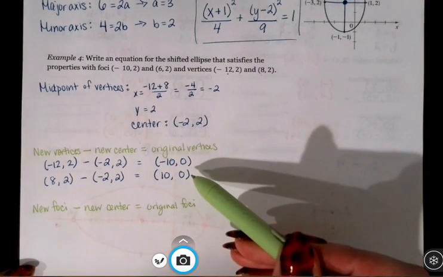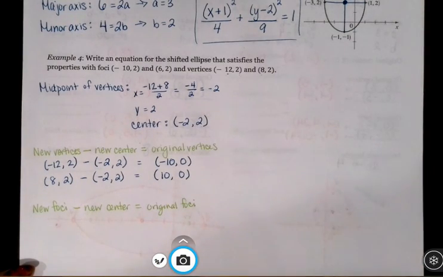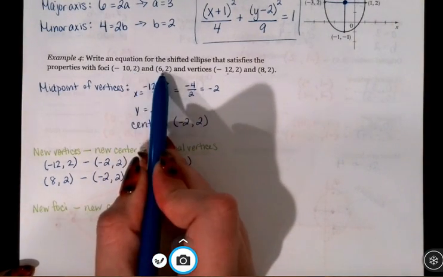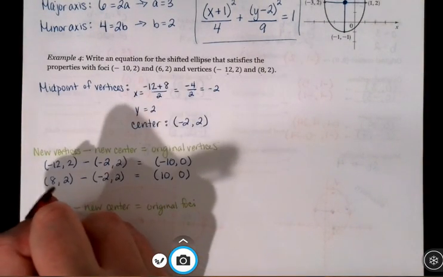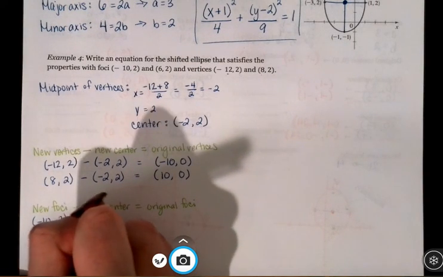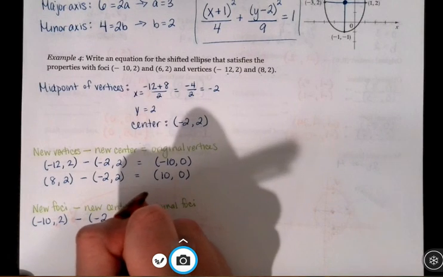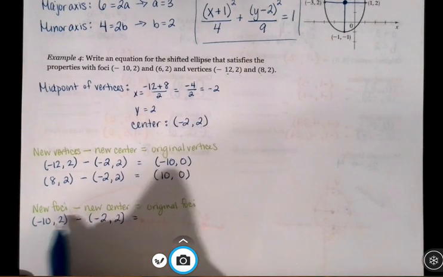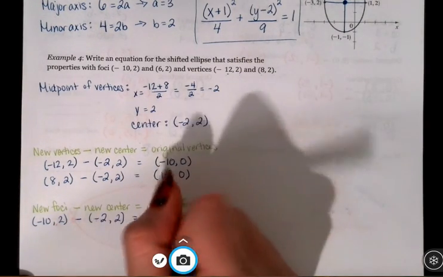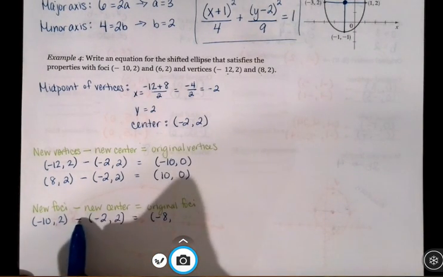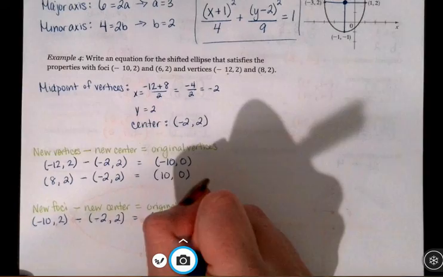So very similar to what we did above. I'm going to do negative 10, 2 first, and then I'll do this one. So I have negative 10, 2 minus my new center, so still negative 2, 2. Negative 10 minus a negative 2 is going to be a negative 8. 2 minus 2 is 0.